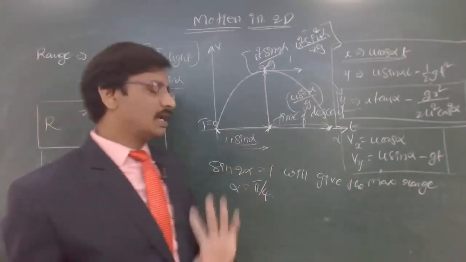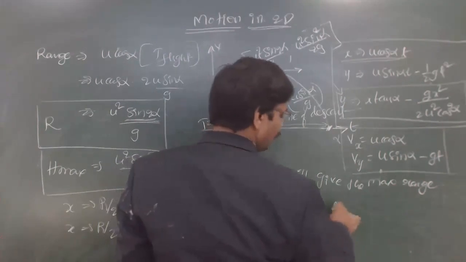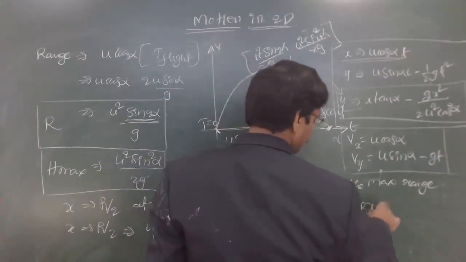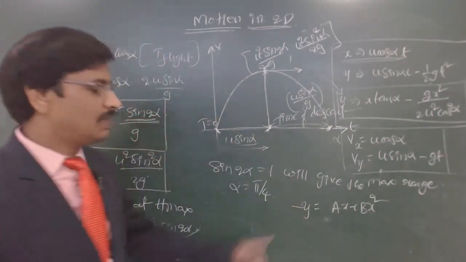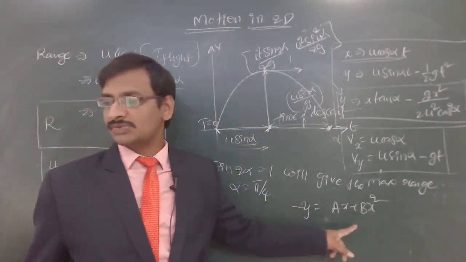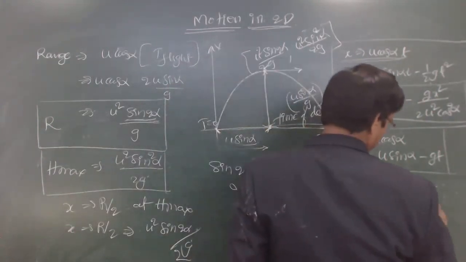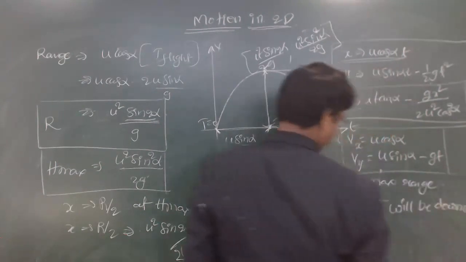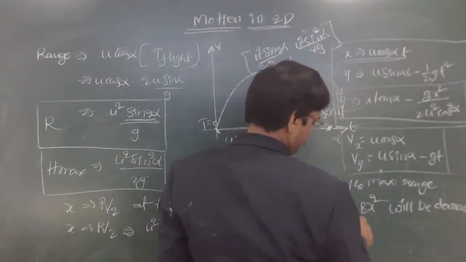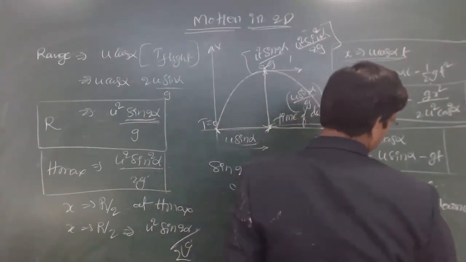Now in this case, I will give a general terminology that we are going to use. So this is equal to ax plus bx square, a parabola. Now here in this case, this is in the negative direction, hence minus y is equal to ax plus bx square will be the downward parabola, with a comma b greater than 0.